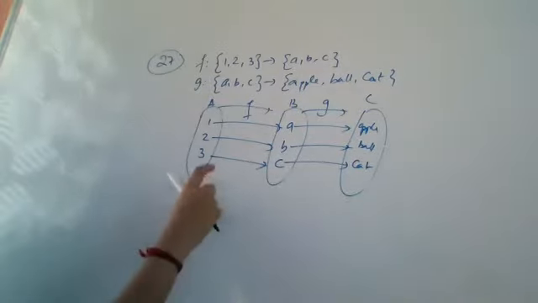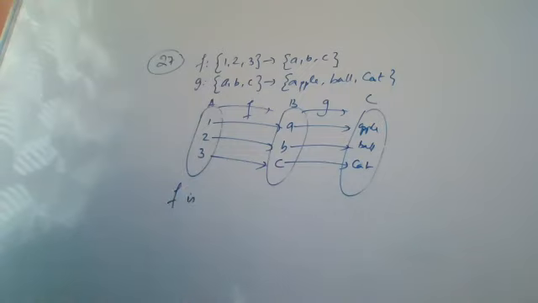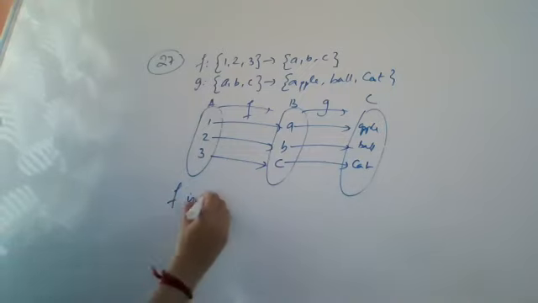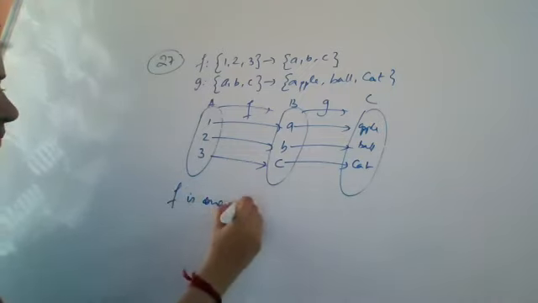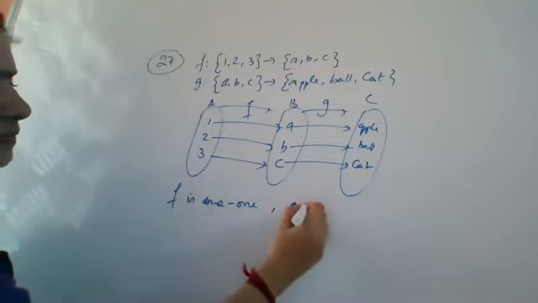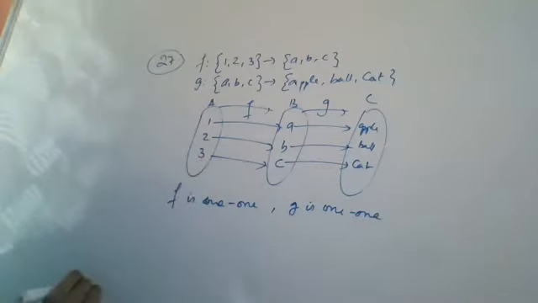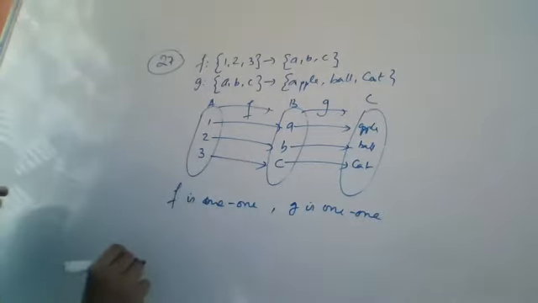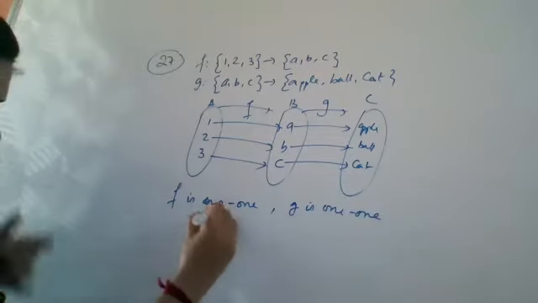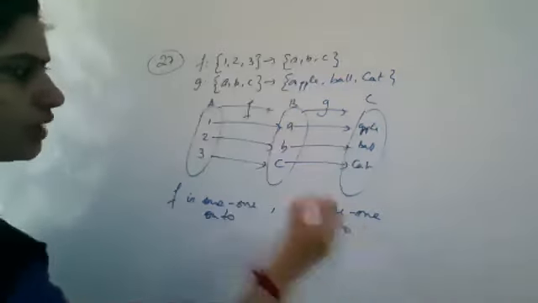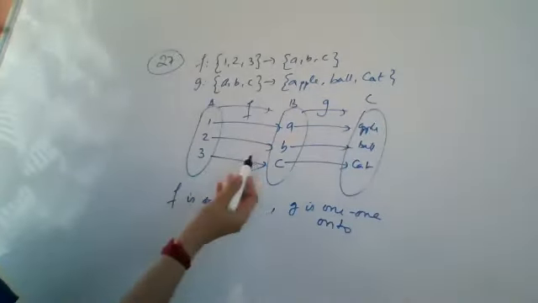I'm asking whether f is 1-1. Is f 1-1? Yes, ma'am. Is g 1-1? Yes, ma'am. Is f onto? Yes. g is also onto. That means all the elements are taking part in f.